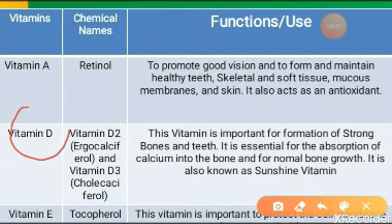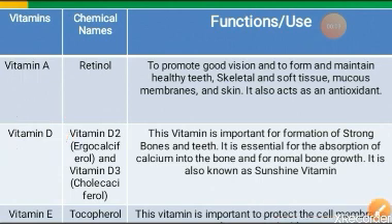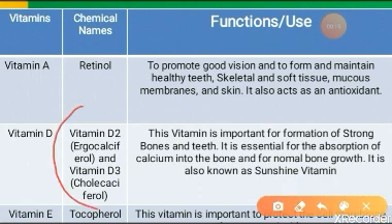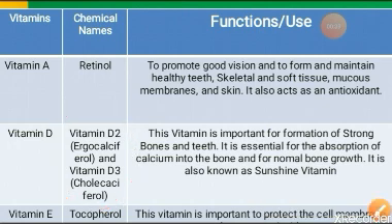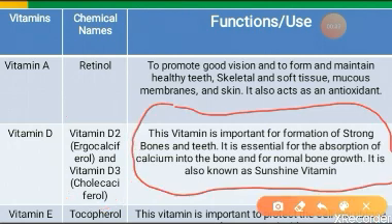Vitamin D. There are two kinds of vitamin D. Vitamin D2 is known as ergocalciferol and vitamin D3 is known as cholecalciferol. This vitamin is important for formation of strong bones and teeth.